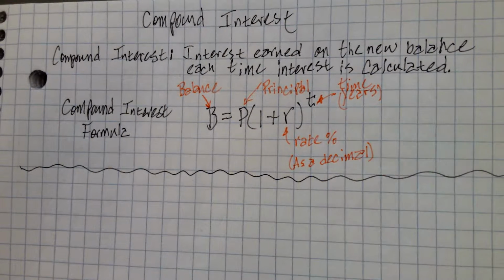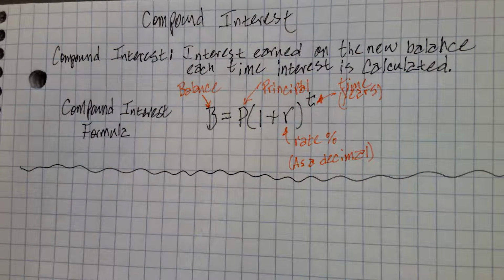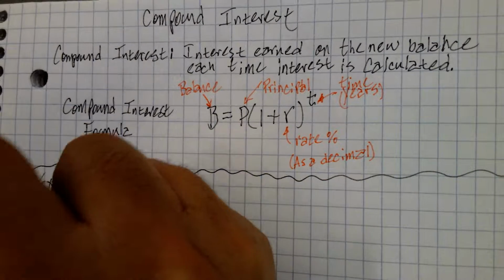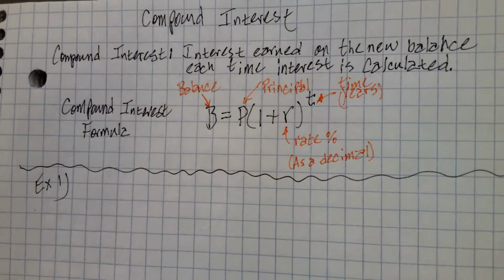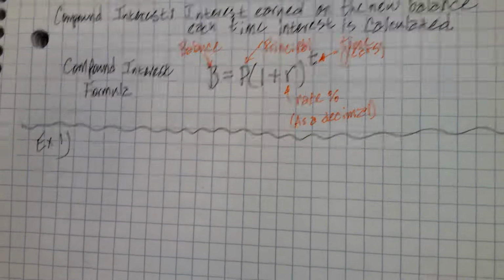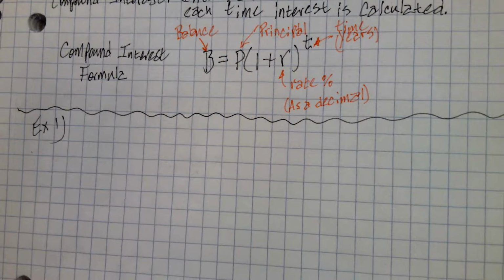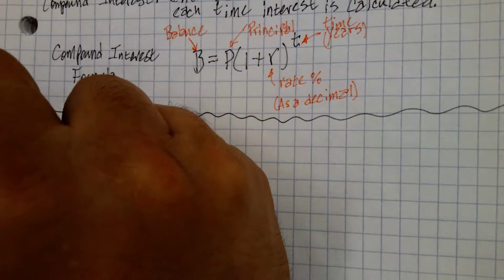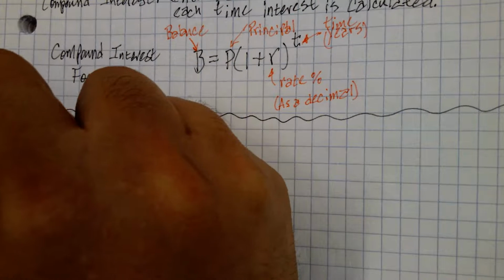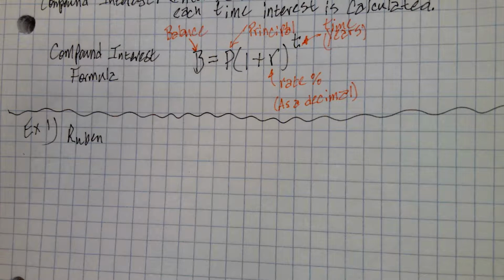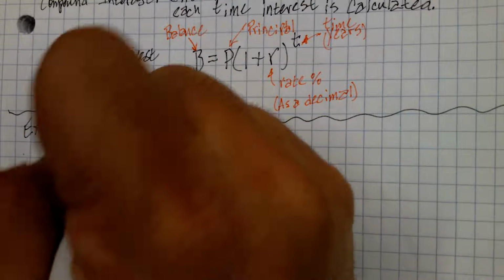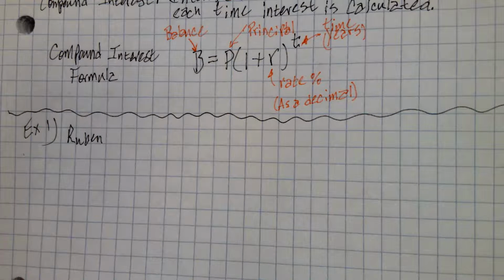Okay. So let's look at a couple of situations. Okay. Situation number one. Let's say we have Ruben. Ruben used to be a student of mine a few years ago in accelerated math. He liked money. That's why I put him in here.